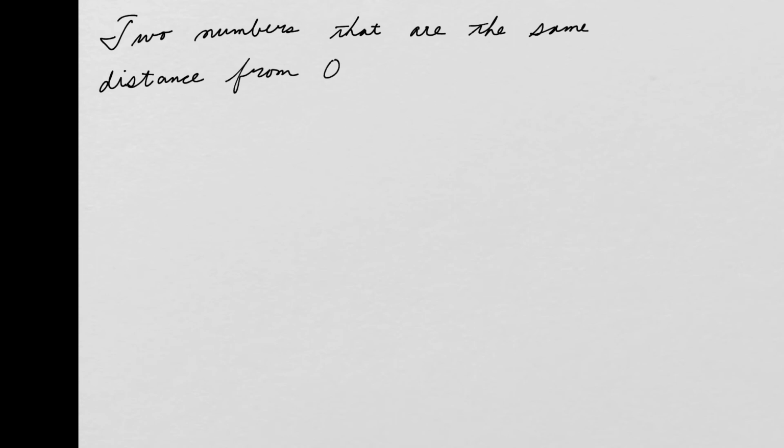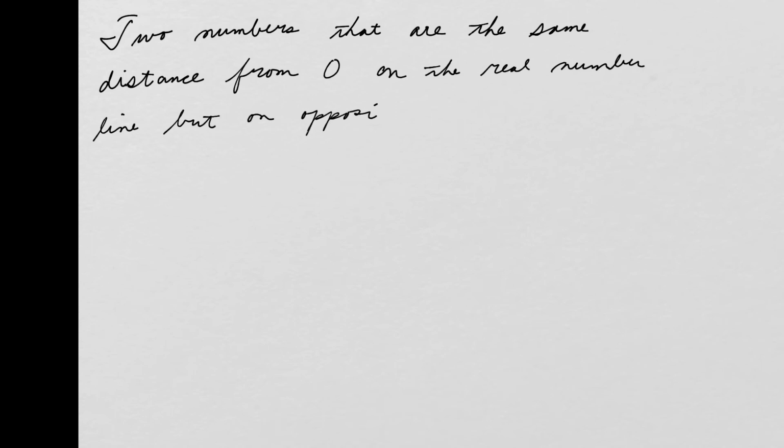Two numbers that are the same distance from 0 on the real number line, but on opposite sides of 0, are called opposites.